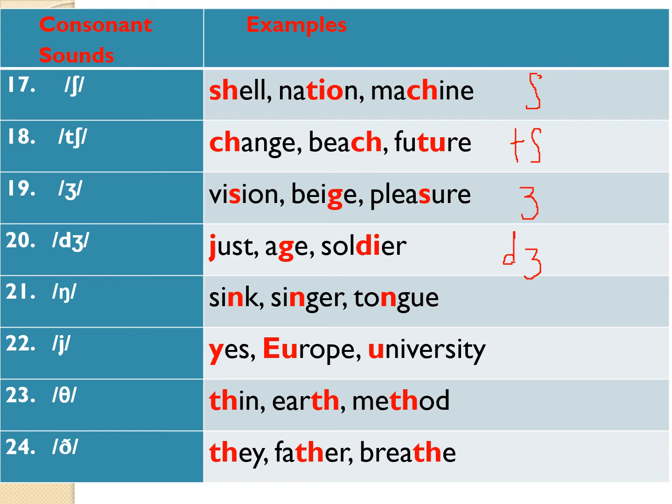Sound number 21 is a nasal sound. What do you mean by this? It means when we produce it, the air goes out through the nose, not through the mouth. Sing, tongue.